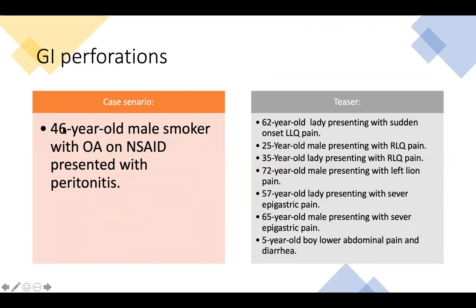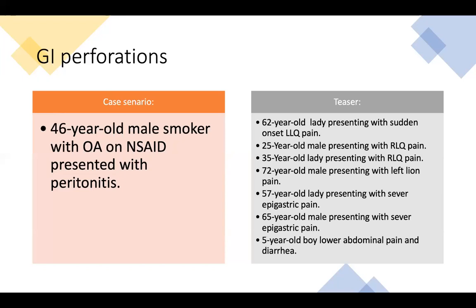Okay, so when I tell you there is a 46-year-old male smoker with osteoarthritis and on non-steroidal anti-inflammatory presented with a picture mimicking peritonitis or severe abdominal pain with tenderness, rebound tenderness and things, you might change your answer a little bit.